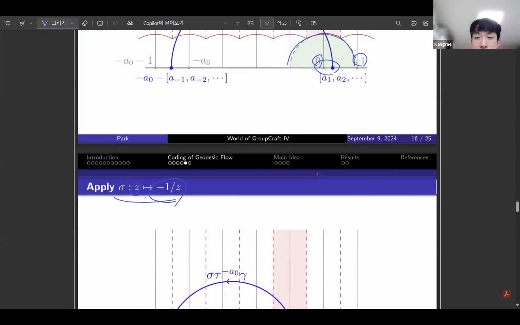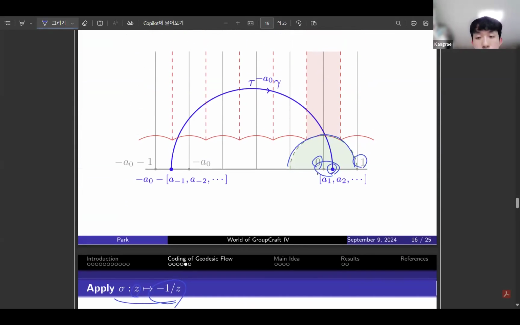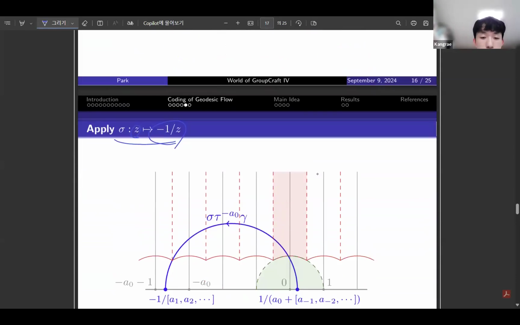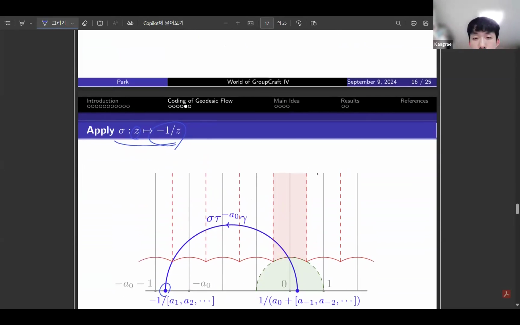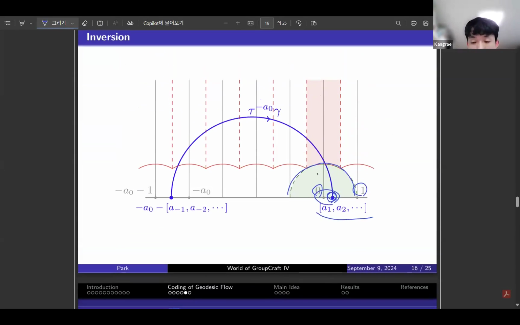Here it's kind of complicated, but when we take inversion of this terminal point, this terminal point goes to here: [a_1, a_2, and so on] goes to negative 1 over [a_1, a_2, and so on].